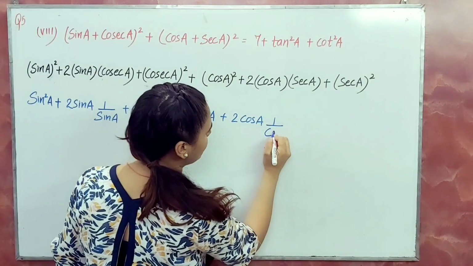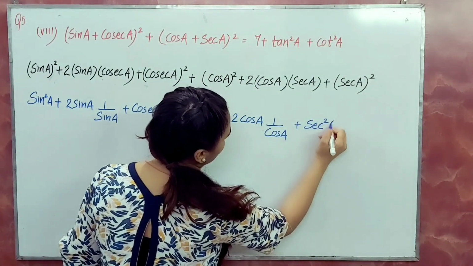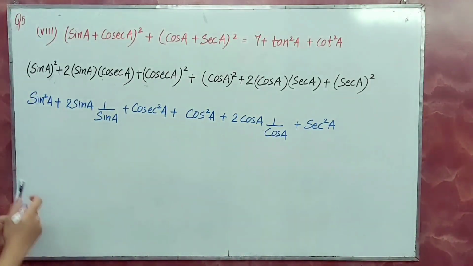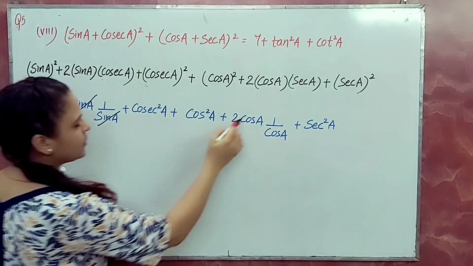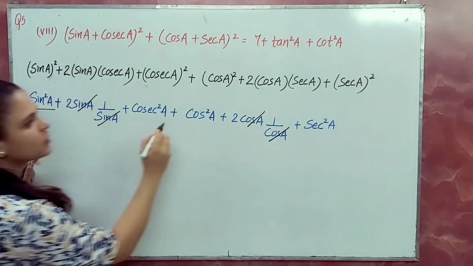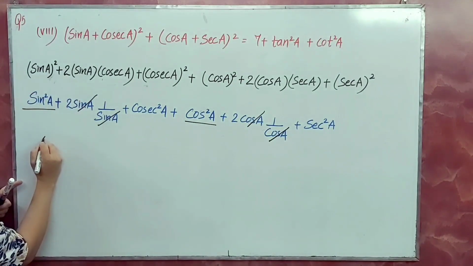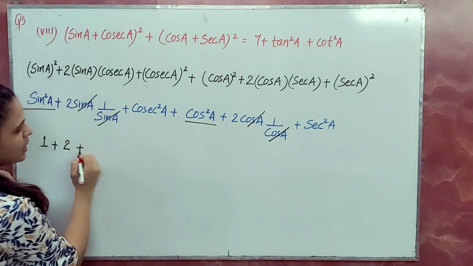So here I can write cos A plus sec square A. Now students, we can cancel out the sin A and this cos A. Also sin square A plus cos square A is equal to 1. And from this step you will get 2.